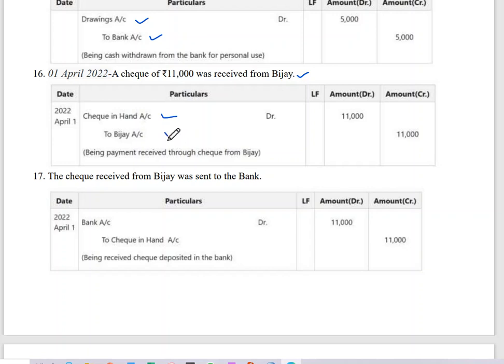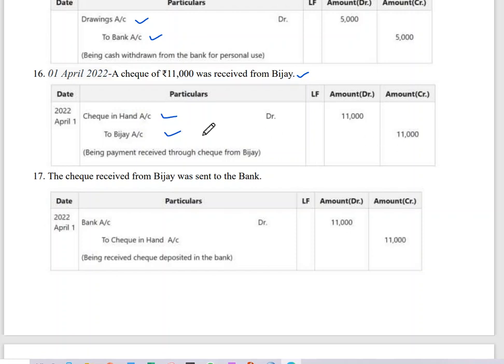Received from Vijay, because the amount is not yet converted into cash. The check is still in our hand, we have not converted it into cash by depositing it in a bank account. So that's why we have specified Vijay's account there. A personal, artificial person or natural person name should be mentioned there.